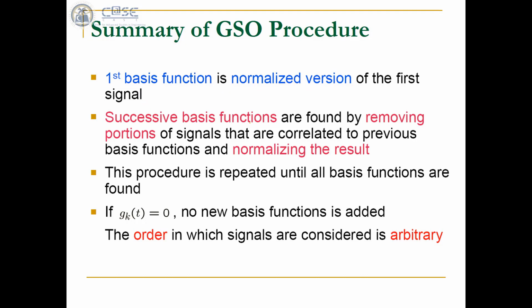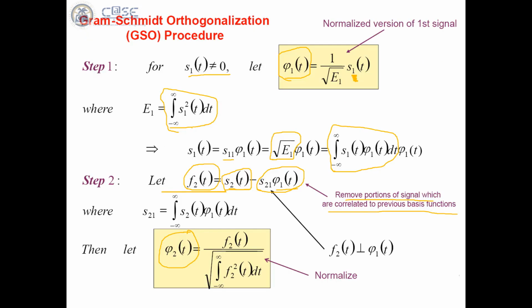The successive basis functions are found by removing portions of the signals that are correlated to previous basis functions and finally normalizing the result. That is, the second basis function is done in the second step here. It is found by subtracting the portions of the function that are mapped onto the previous basis function.